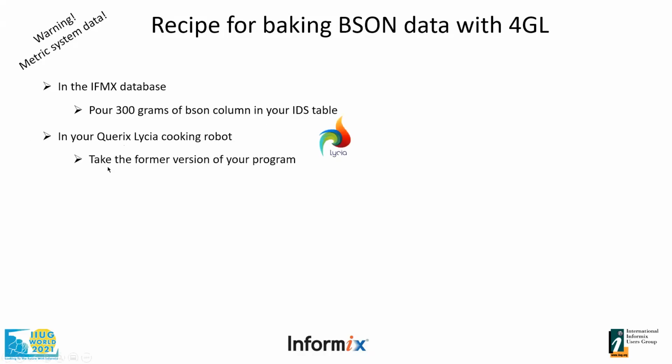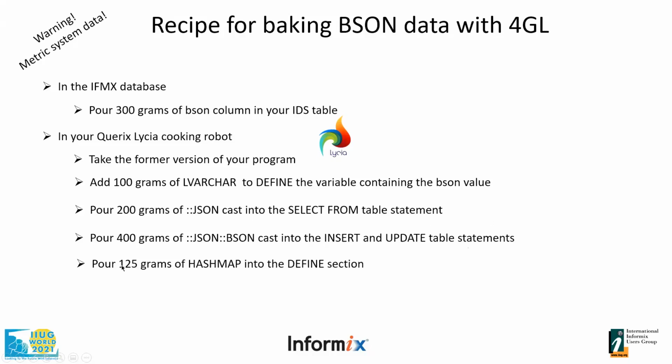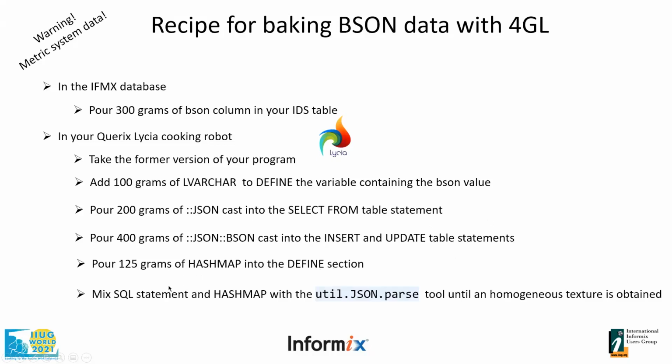We take the former version of your program, of your source code. You will add 100 grams of LVAR to define the variable containing the BSON value, pour 200 grams of cast to JSON into the select from table statement, pour 400 grams of JSON to BSON cast in the insert and update statements, and 125 grams of hash map into the define section.